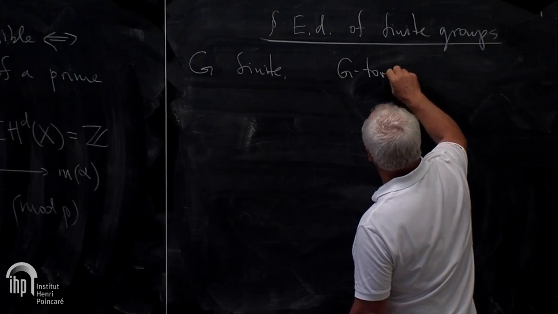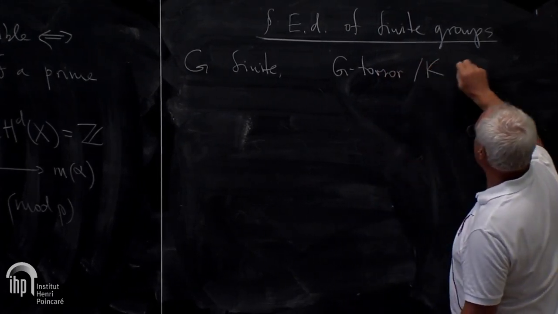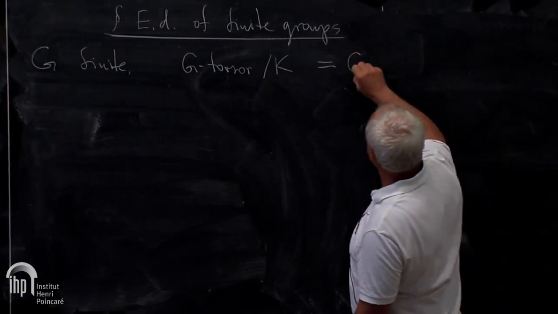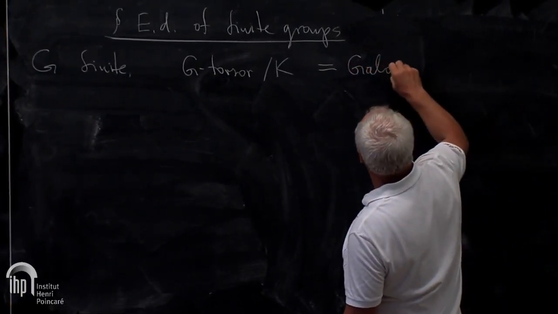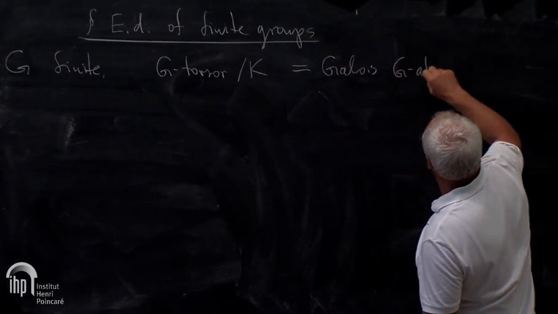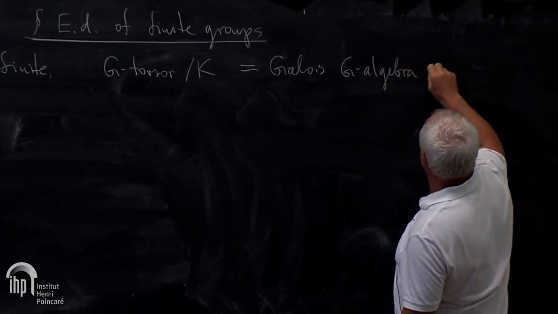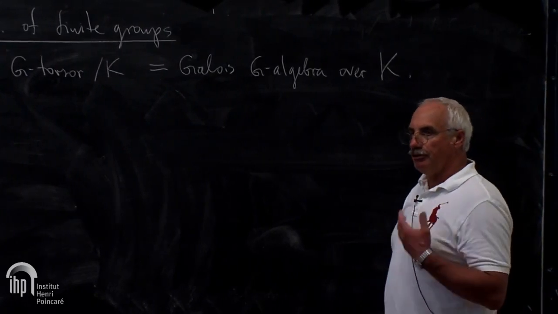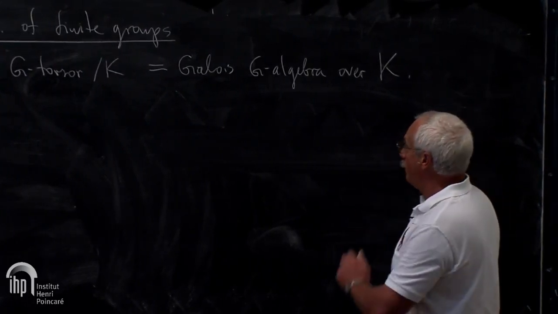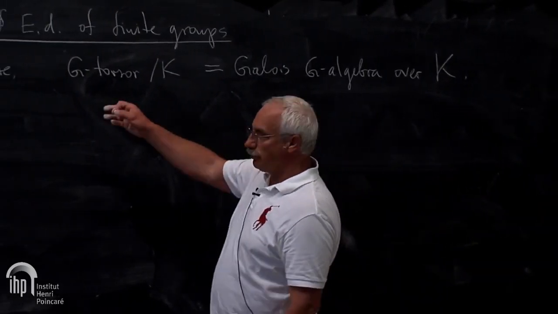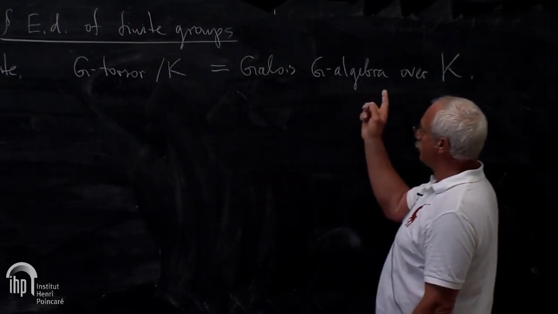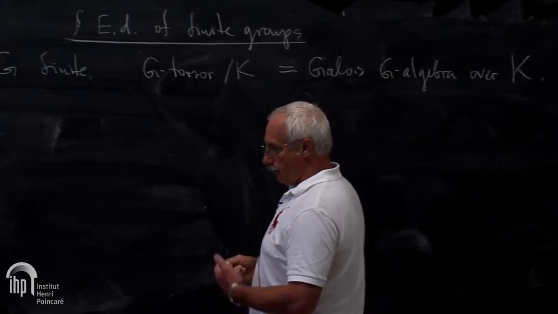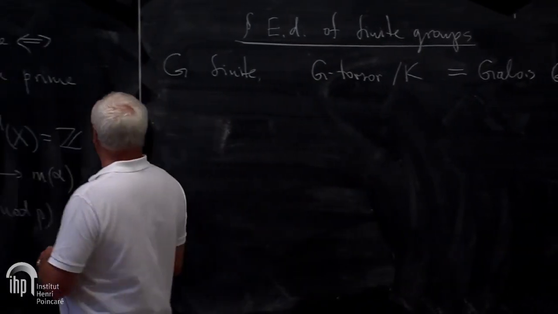A G torsor over K is the same as a Galois G-algebra over K. In particular, it could be a Galois field extension over K. So the essential dimension of a finite group just measures the complexity of the class of extensions with Galois group G.